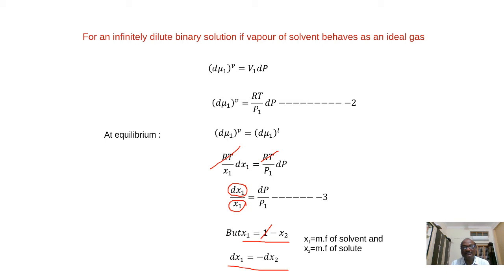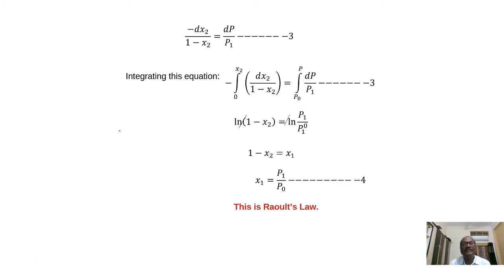So minus dx2 by 1 minus x2 is equal to dP by P1. Is it clear? Instead of dx1 we write minus dx2, whereas instead of x1 we write 1 minus x2. Therefore minus dx2 by 1 minus x2 is equal to dP by P1.